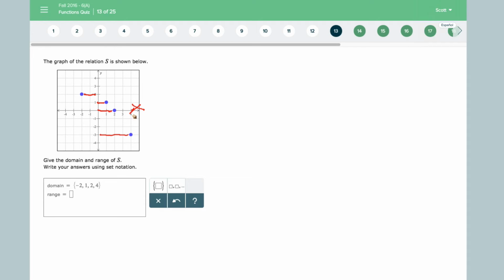It's as if those numbers don't even exist. We're not even looking at x. So the x numbers don't exist. So like that. So we see 2, 1, 0, negative 3. And that is what we put here, from smallest to biggest. So our smallest is negative 3, comma, 0, comma, 1, comma, 2.